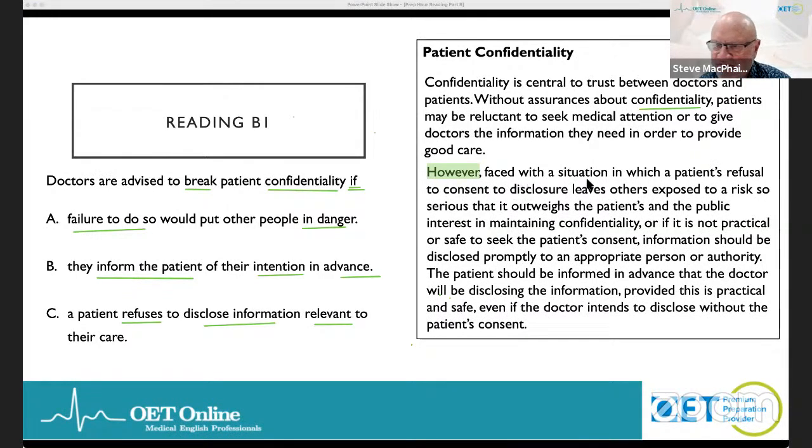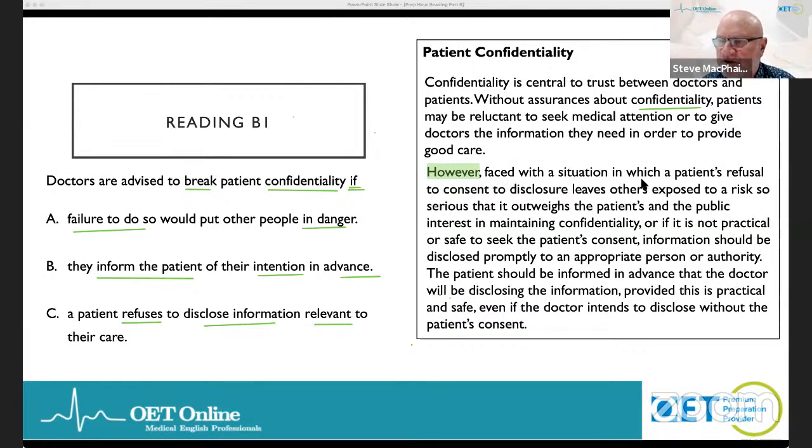However, faced with a situation, and I'll just pause for a sec, everyone. I don't want you to tell me the correct answer here. I want you to use the rule out. So if you identify an answer that's incorrect, type in the incorrect answer, not the correct answer. All right, let's use our rule out.